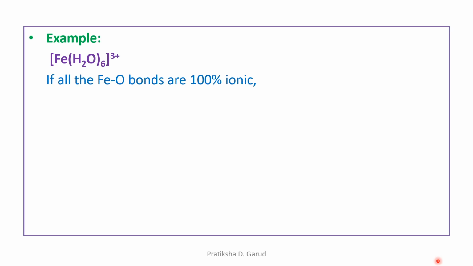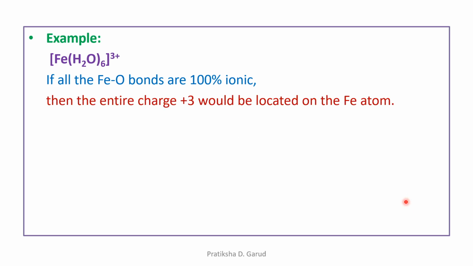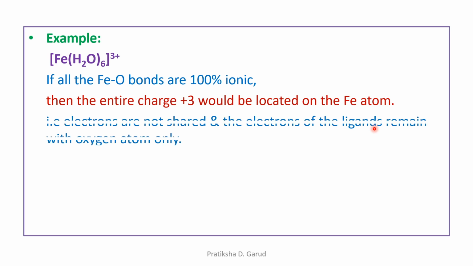Now if all the Fe-O bonds are 100% ionic, you have seen in the structure that Fe is attached to the oxygen, then the entire +3 charge would be located on the Fe atom only. That is, electrons are not shared and the electrons of the ligand remain with the oxygen atom only.